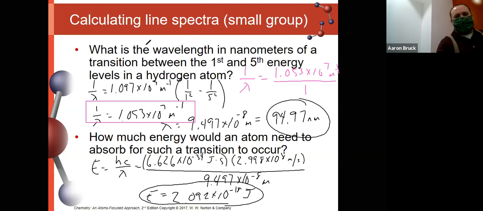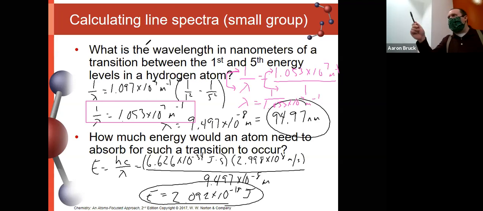If I'm going to flip the fraction to make it wavelength, I need to flip this fraction as well, which would mean 1 divided by 1.053 times 10 to the 7th. That's one way to do it.